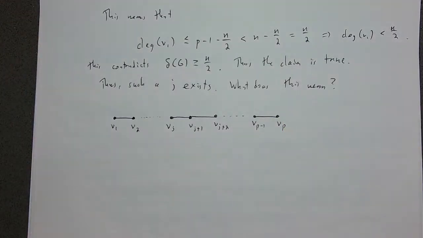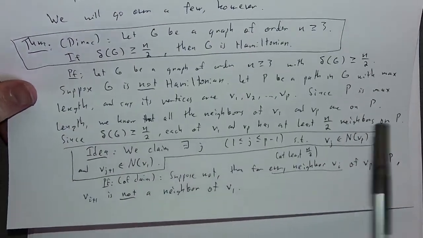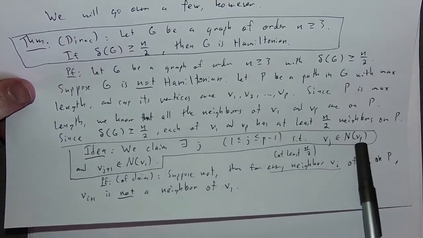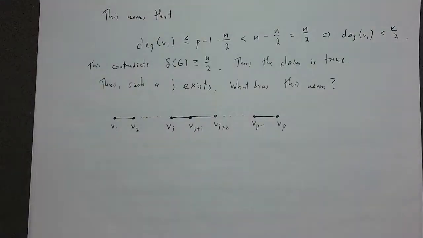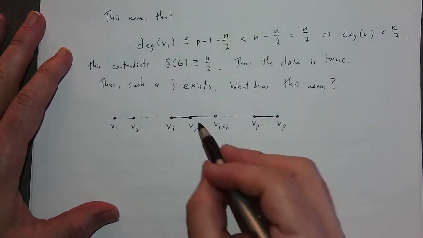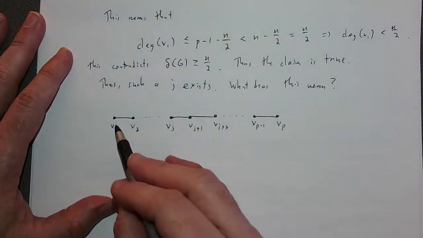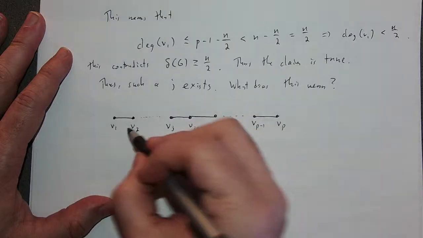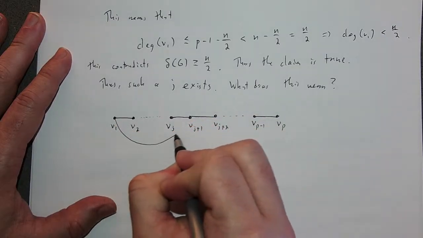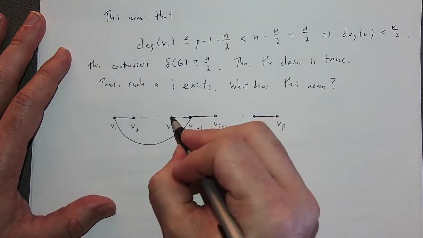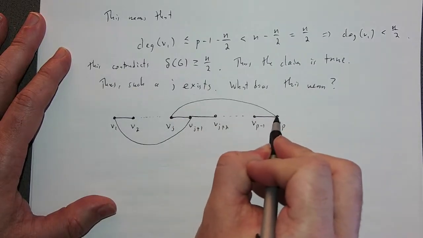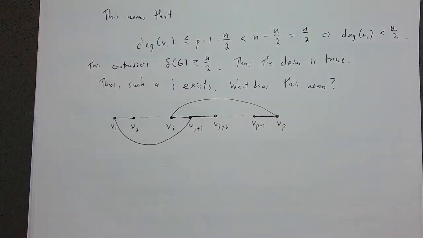But this j is chosen so that v sub j is adjacent to v sub p, and v sub j plus 1 is adjacent to v sub 1. It's in the open neighborhood. And so there is adjacency from v sub 1 to v sub j plus 1 here, and there's adjacency from v sub j to v sub p.